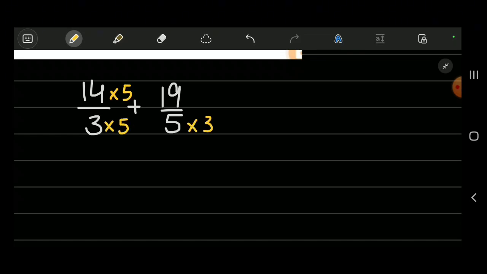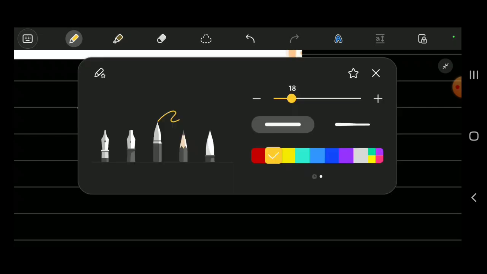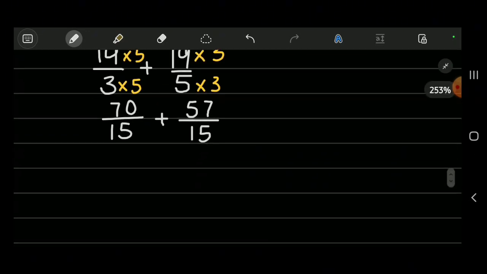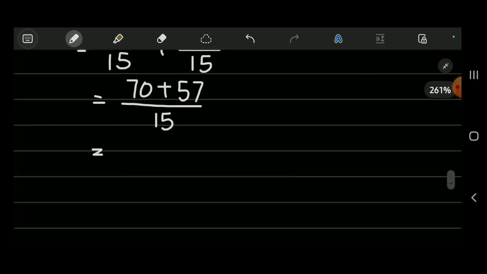In the same way, the numerator will also be multiplied with the same number, 14 times 5 is 70 plus 57, so we will get 15 as your one whole denominator, and 70 plus 57, so we will get 127 over 15.